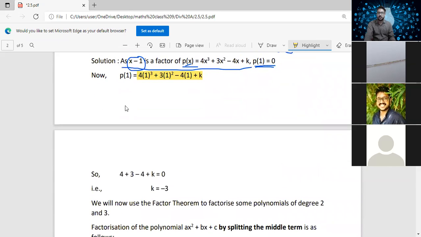Now 4 into 1 means 4. So 4 plus 3 minus 4 plus k is equal to 0. The plus 4 and minus 4 get cancelled, so k is equal to minus 3. So the value of k we have found out.